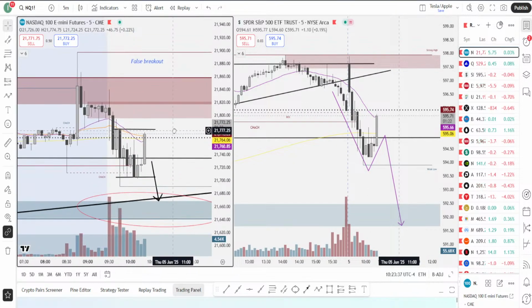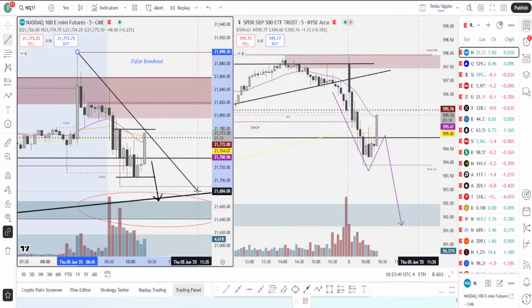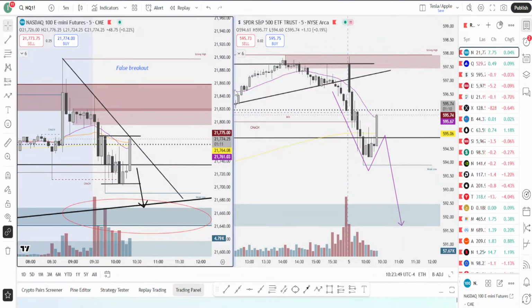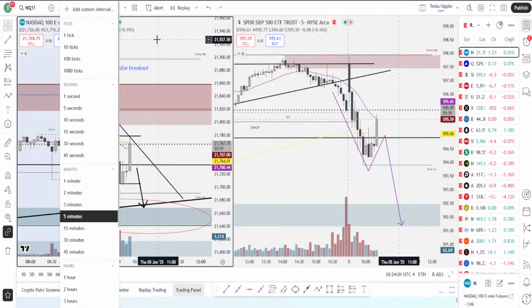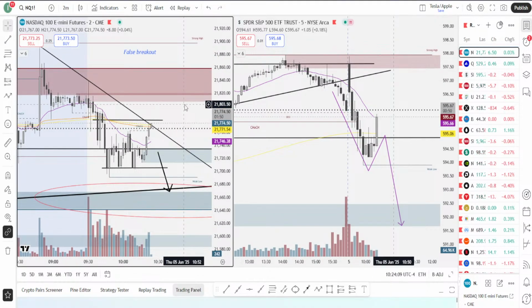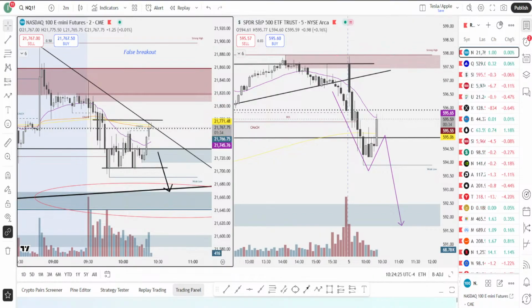If not, then the buyers are going to be taking control. Let's see what she wants to do.